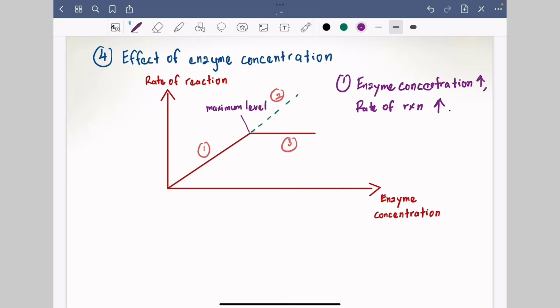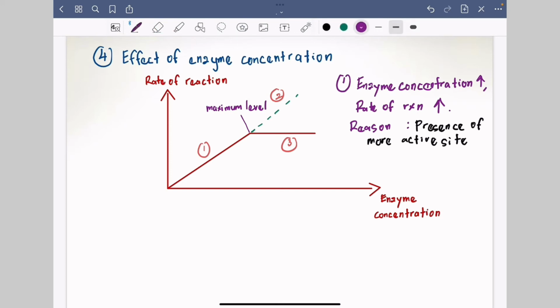The reason is the presence of more active sites ready for catalytic functions.